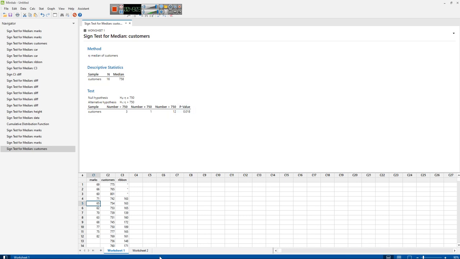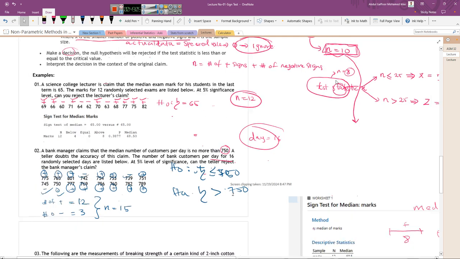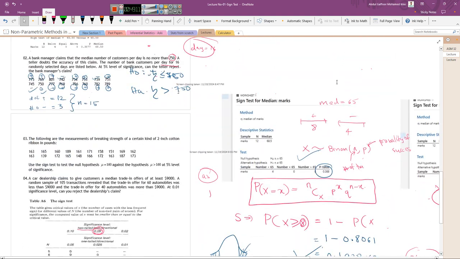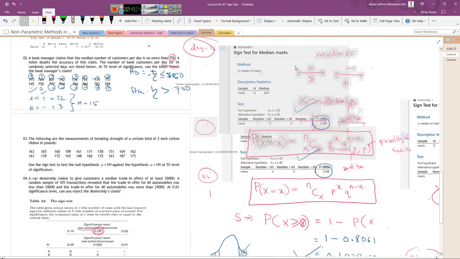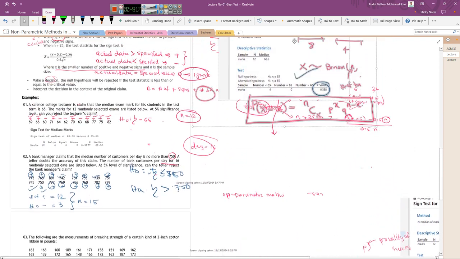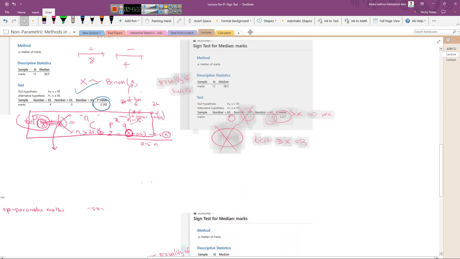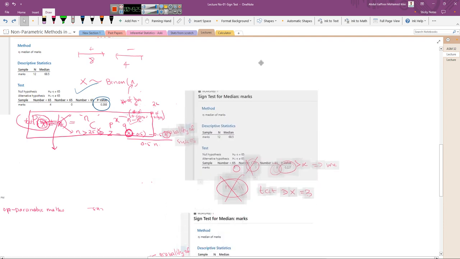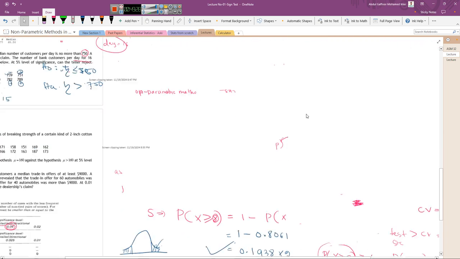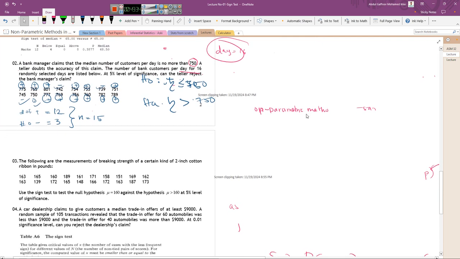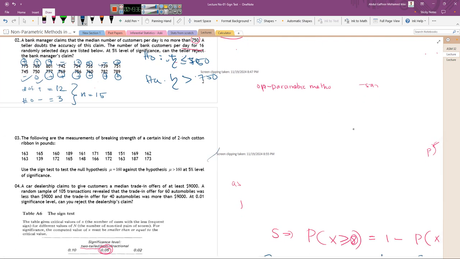Let me insert this into the notes. I will just insert that picture into this one note so that I can easily explain.